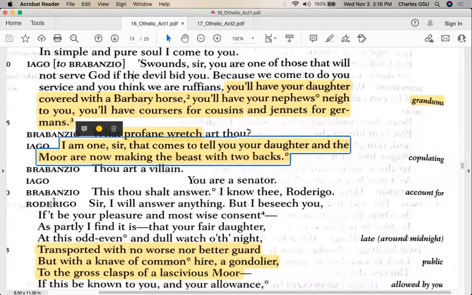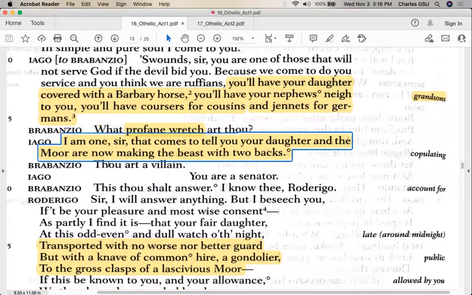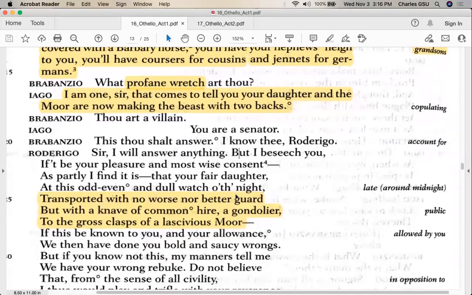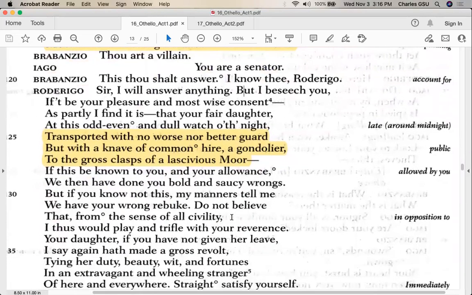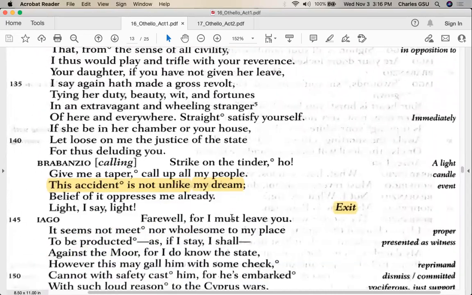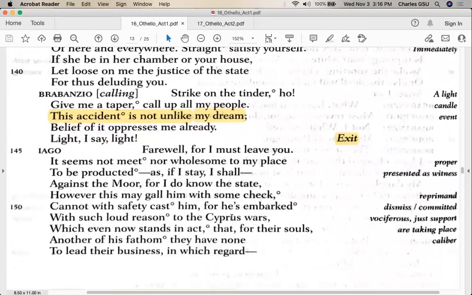And he goes on to make it clear, "I am one, sir, that comes to tell you that your daughter and the Moor," so he names him, because everyone knew his nickname, if you will, the Moor, as Othello, "are now making the beast with two backs," right? To further incense the father, to make him imagine this unseemly scene.